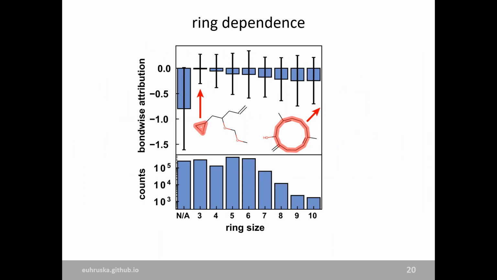Also look at the ring dependency. Depending on the size of the ring, the average value changes, but it is also different from bonds which are not part of a ring. So I highlighted the small ring size of 3 bonds and a large ring with 11 bonds, and there's a smooth change.